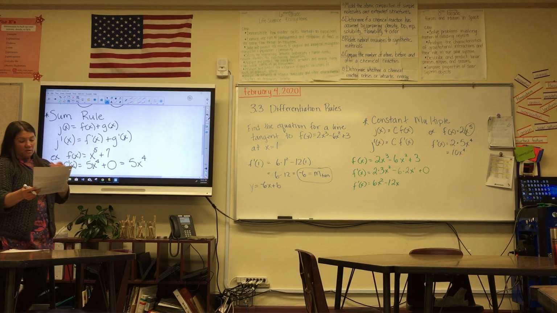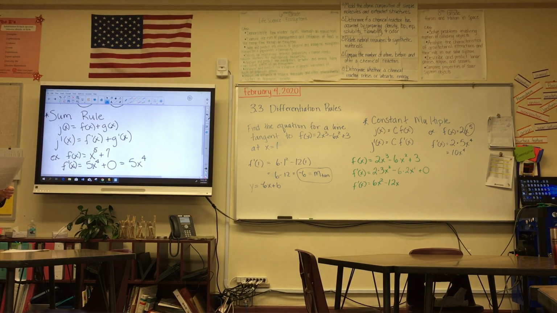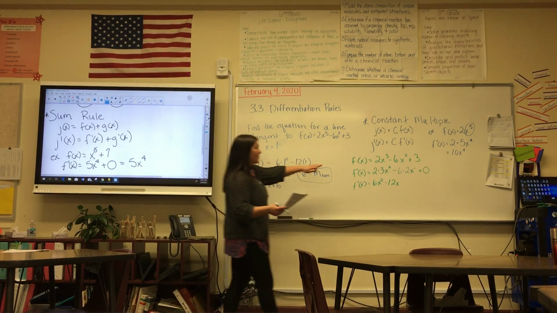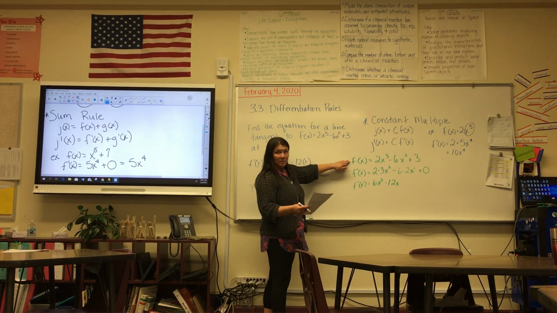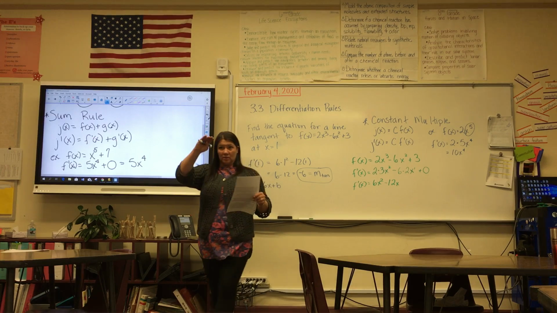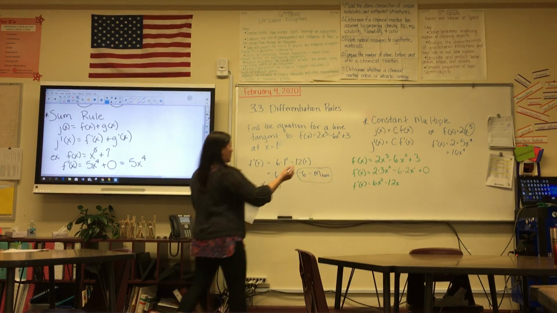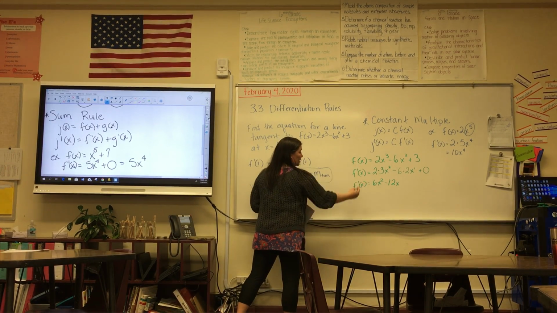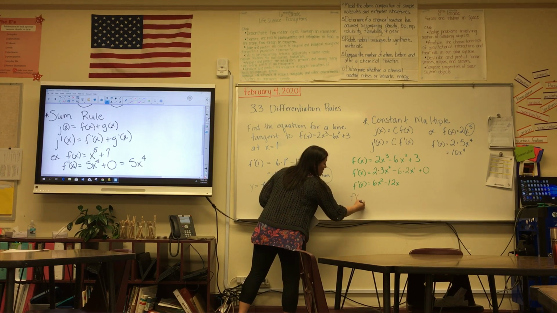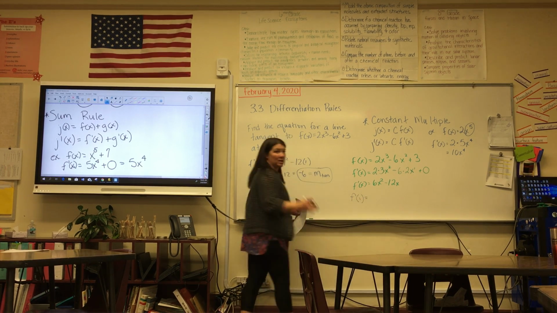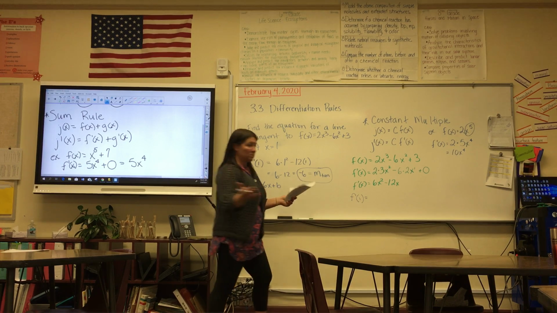Well, I need a point on the line, right? And we want a point on this line, because that's where we're finding the tangent line. So I'm going to find f of 1, because that's going to give me the y value.